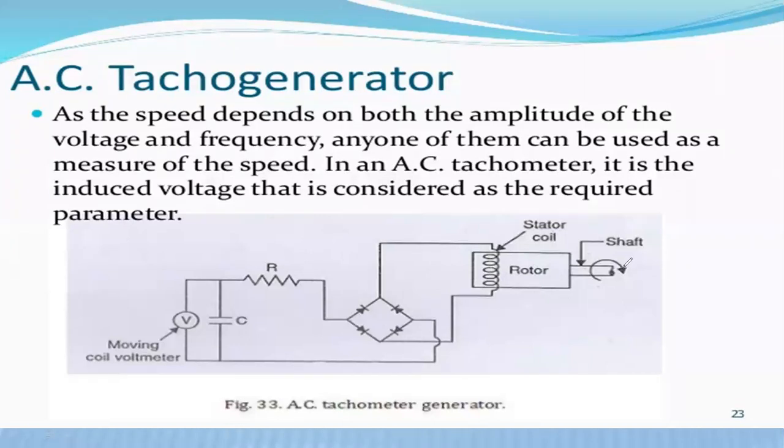There is a rotating shaft. The rotating shaft is connected with a rotor, and on the rotor we have placed a stator coil.